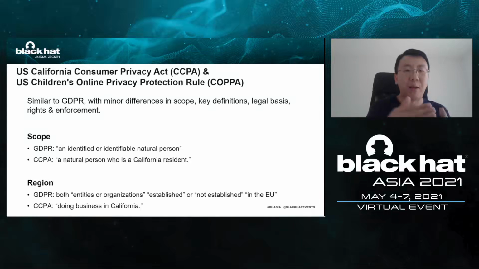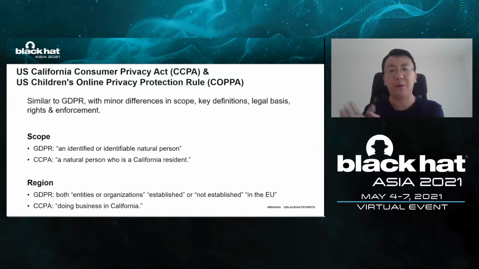GDPR is applicable to the entities in Europe and also to those entities who process data related to European citizens. And CCPA is the other way around: it applies to California residents and also to those organizations who do business in California.